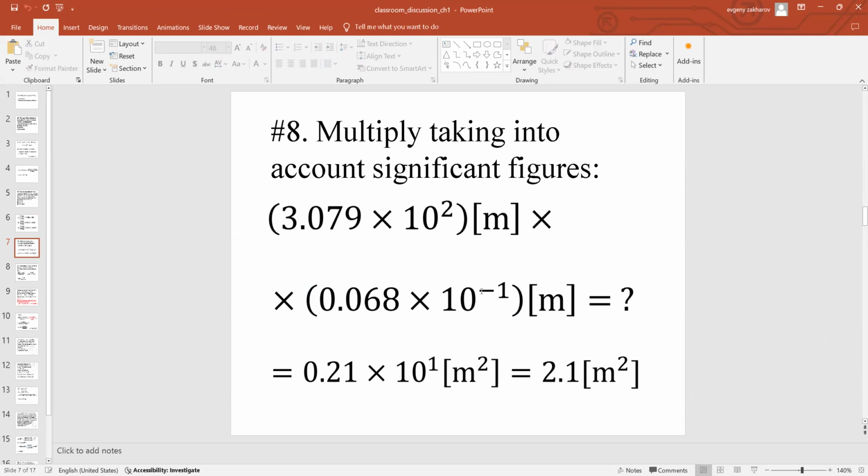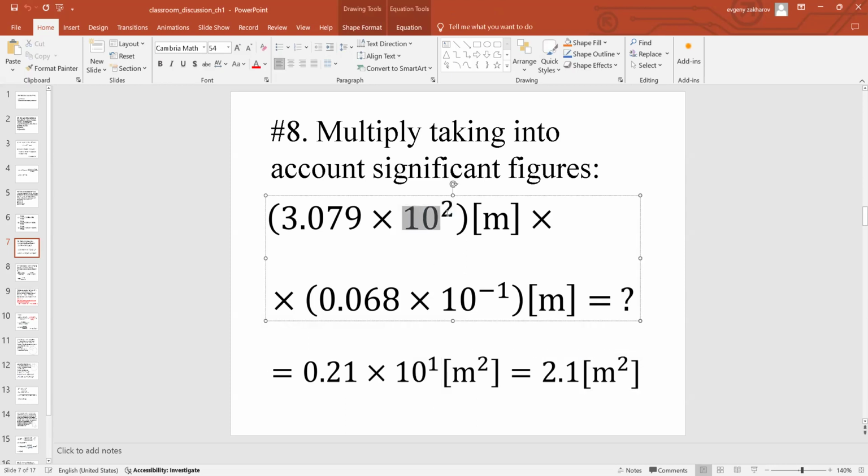Now, let's take care of exponents. 10 to the power of 2 times 10 to the power of -1. Remember, you add up the exponents when you have the same bases. So it's 2 plus -1. 2 plus -1 is 1. So 10 to the power of 1, that's what you get from multiplying.